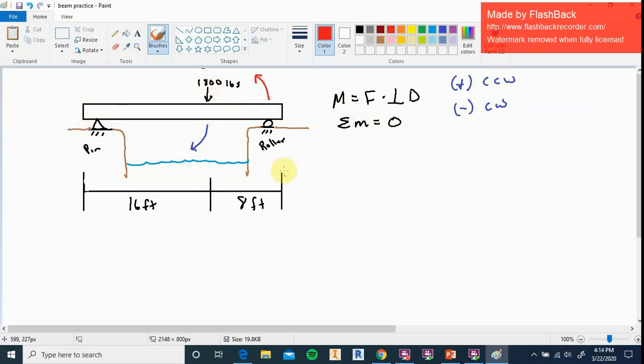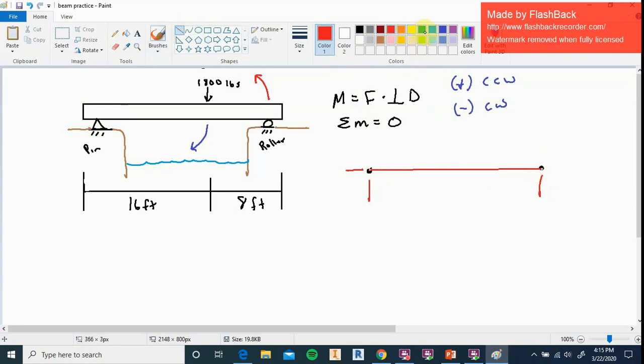So the first thing we're going to do is redraw this setup into a free body diagram. We're going to have our pin support here. We're going to have our roller support here. And then we're going to put in the forces. So I know that the pin support has a reaction in X and in Y. And then the roller has one in Y. Okay, and then we'll just put a line to connect these two here.